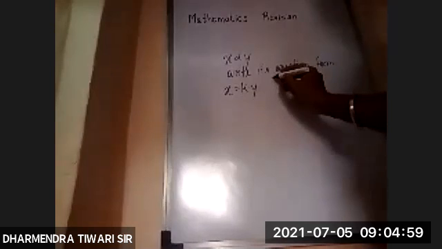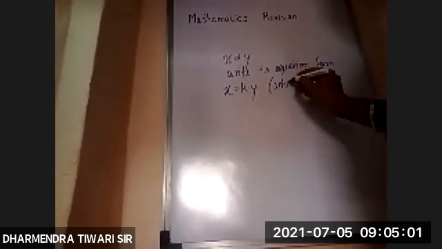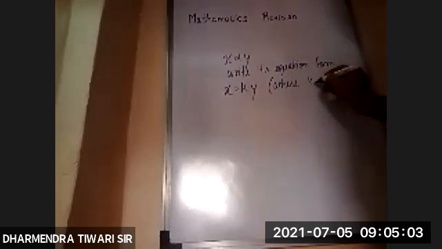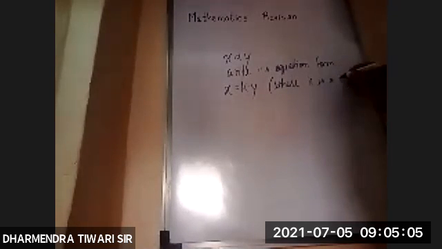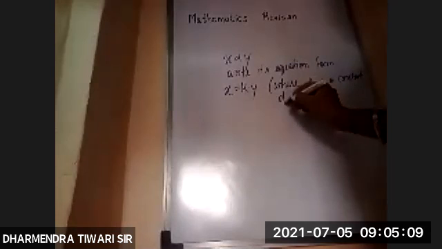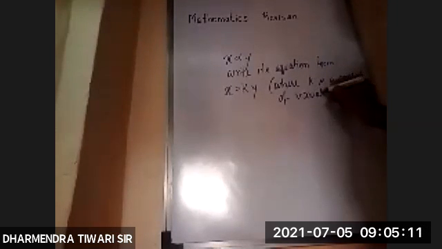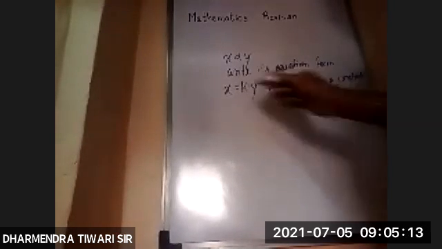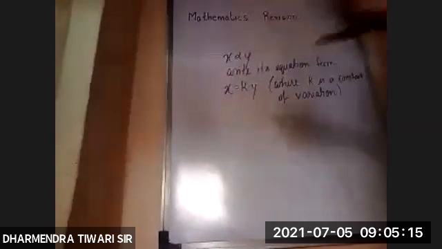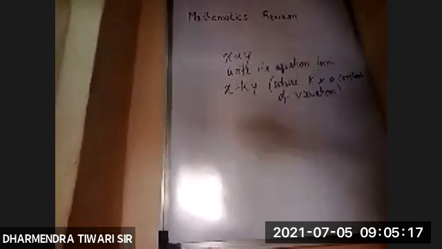K is nothing but a constant of variation. Constant of variation means whatever values of x and y you take, k will always remain constant.